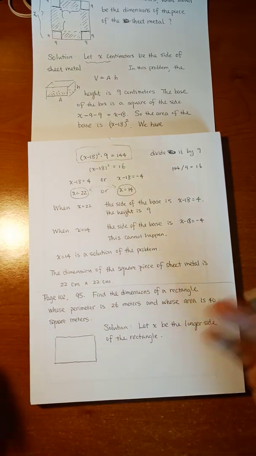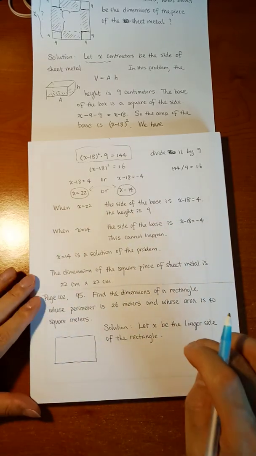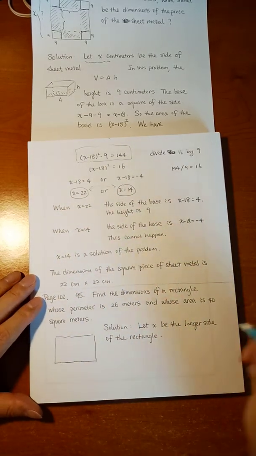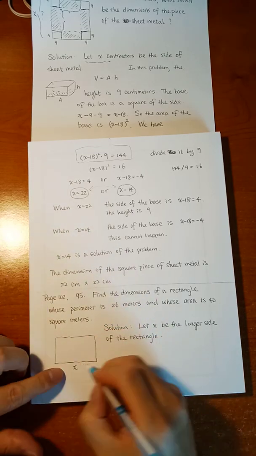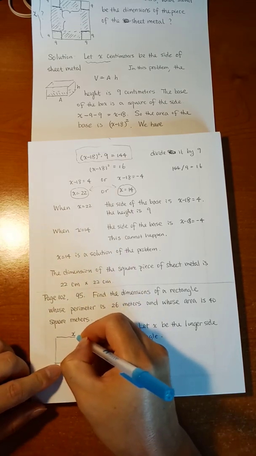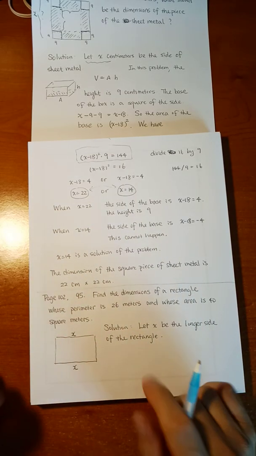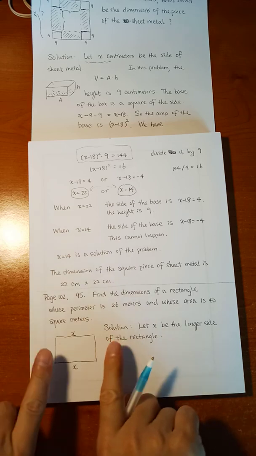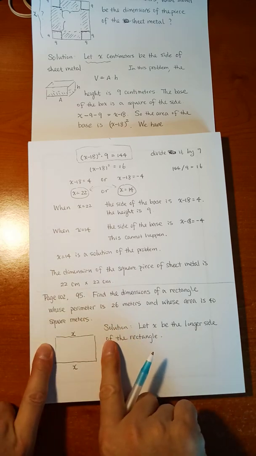Two sides, one is bigger, one is smaller, or maybe they are equal to each other. Okay, whatever, let's see. x is the longer side of the rectangle. So based on this drawing, x is here. This side is x. By the geometry, we know the opposite is also x. Right? And the two vertical, left and right sides are also the same quantity.